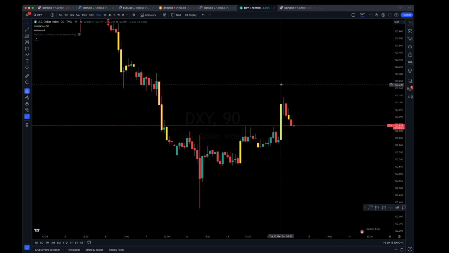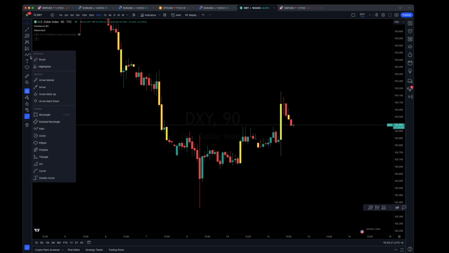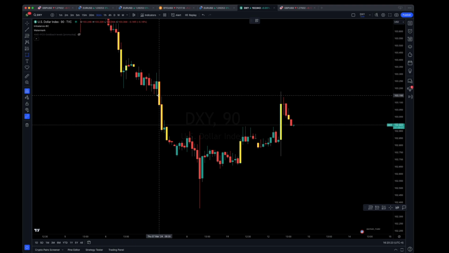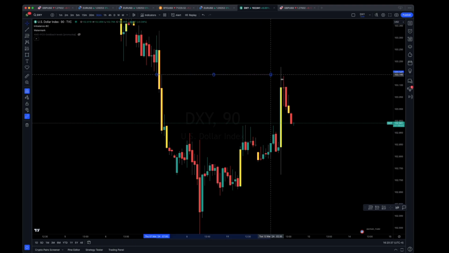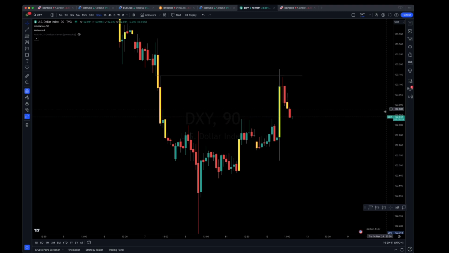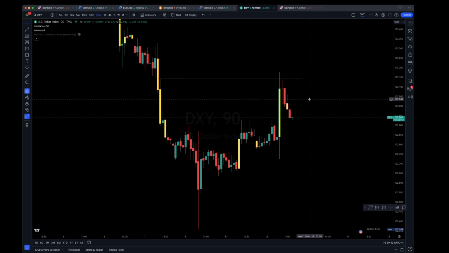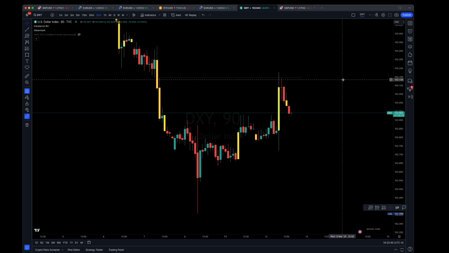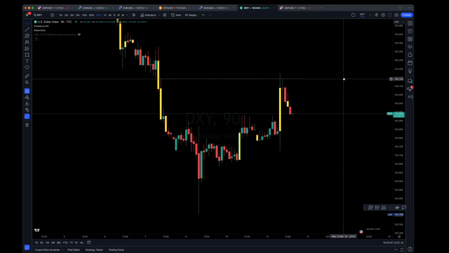So you see this candle here. What did it fill? We filled this tiny fair value gap. Why did it go for this fair value gap? Okay, we're on the 90-minute time frame. Let's observe some things.